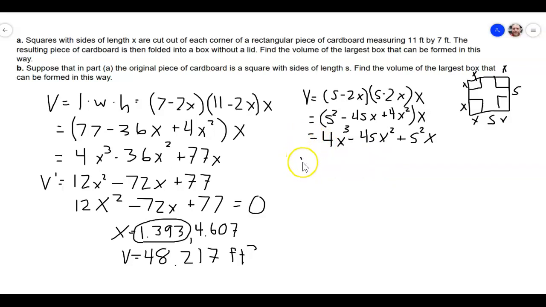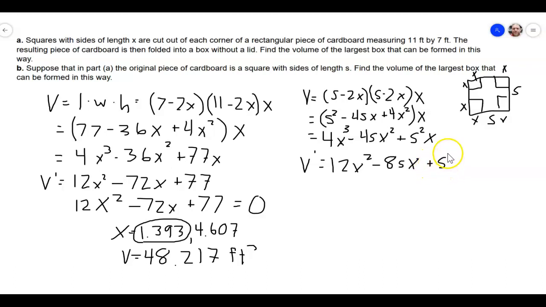We can now take the derivative of the volume like we did before. So this is going to be 12x squared. And 4s is just a constant, so you bring the 2 out there. So that's going to be minus 8sx. And the x will just drop off, so this is just going to be plus s squared.